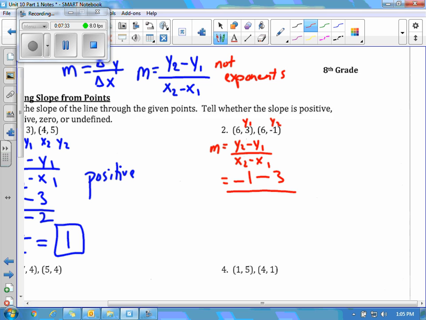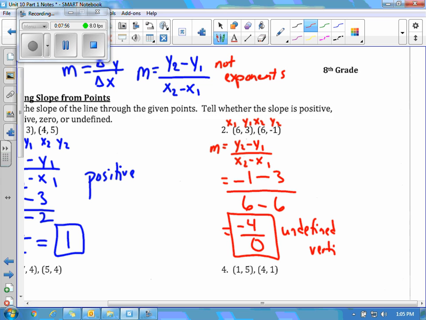Then I need to do x2, which is 6, minus x1, which is also 6. When I work this out, negative 1 minus 3 is negative 4. 6 minus 6 is 0. When you have a number over 0, your slope is undefined, which means that the graph of this would be a vertical line. So number over 0 is undefined.